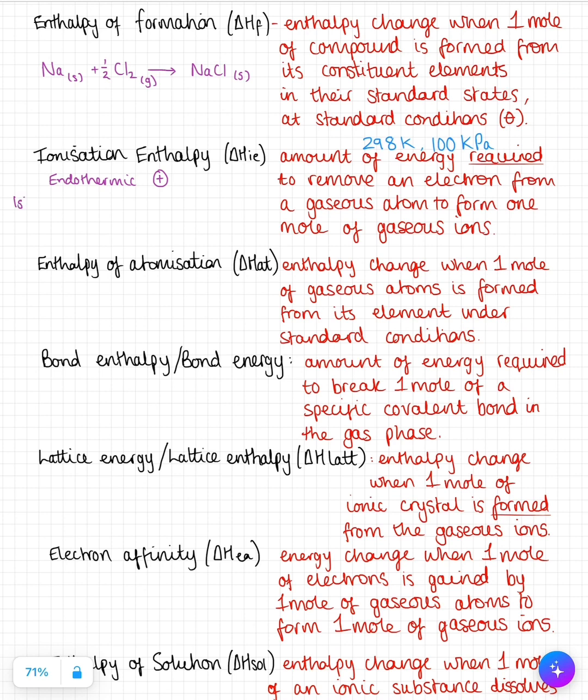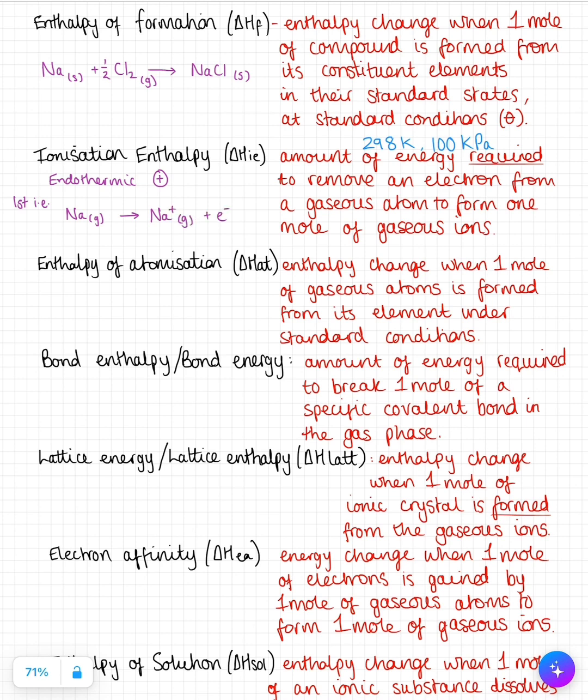If we were to look at an example of the first ionization enthalpy of sodium, to remove an electron from gaseous atoms to form 1 mole of gaseous ions. So we start with gaseous atoms and we are removing an electron to form gaseous ions.